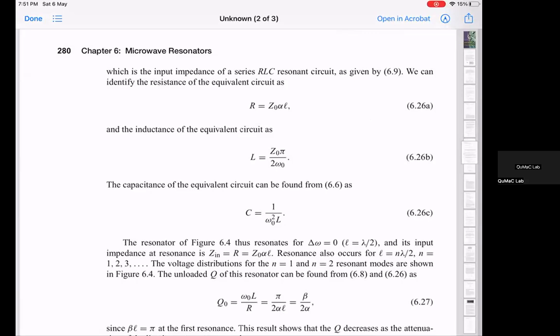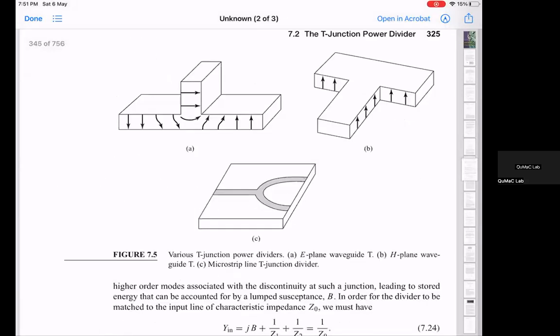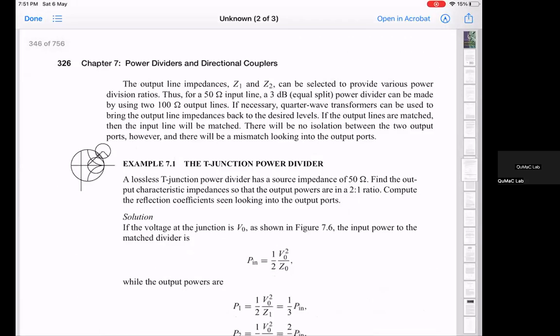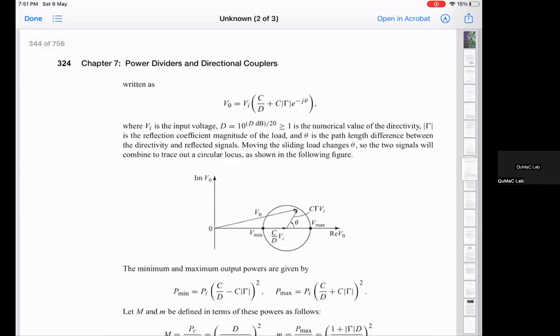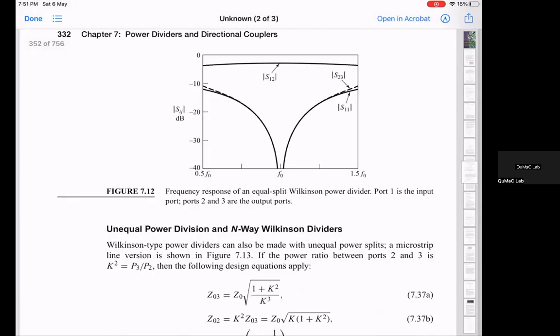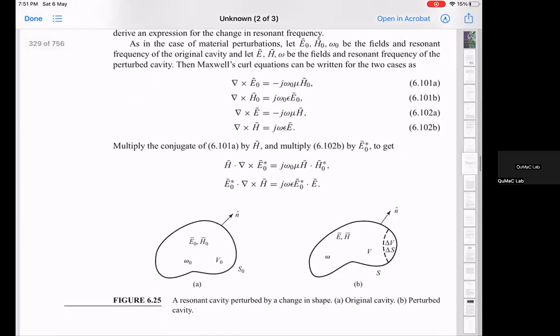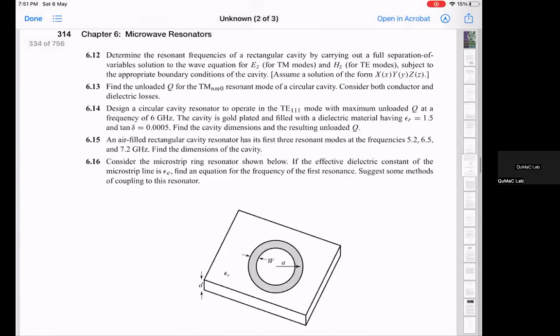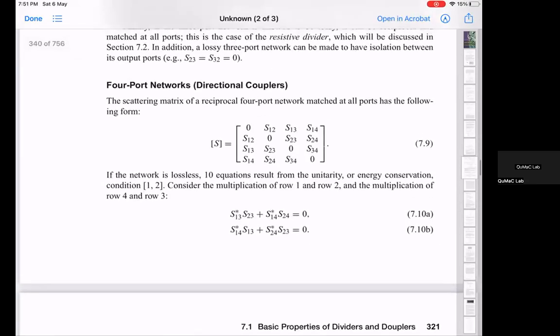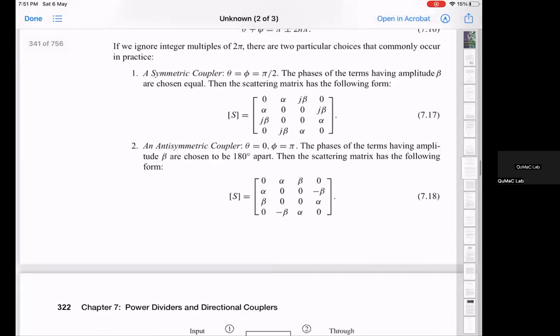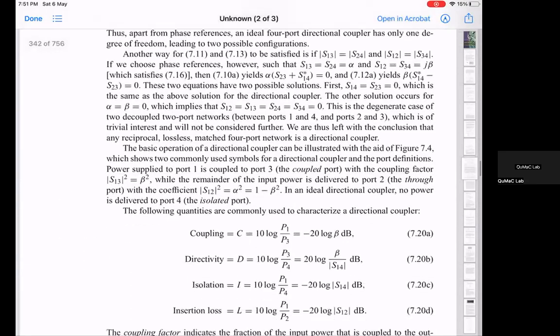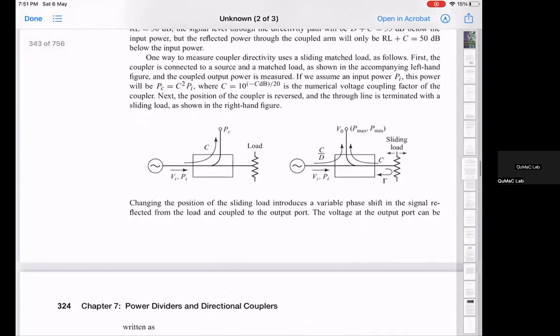And then finally, chapter 7, which is on power dividers and directional couplers. There I had asked you to just look at section 7.2 and, sorry, the T-junction.